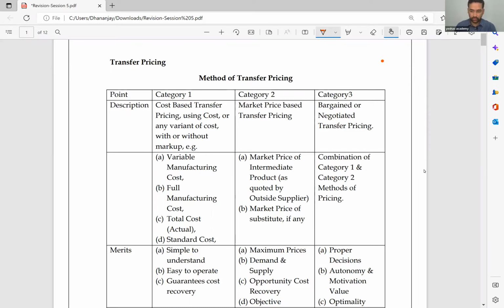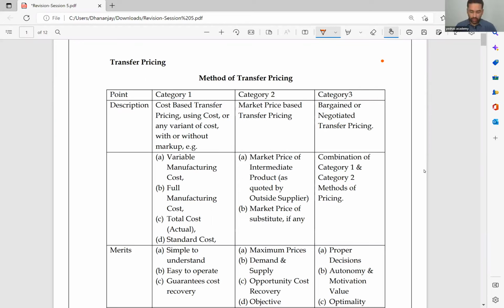We are now starting with the next topic, transfer pricing. So transfer pricing, as you know, the basic concept, it is the method and the technique and the negotiation based on which we are going to fix a price for the transfer of components or parts from one department to another department.